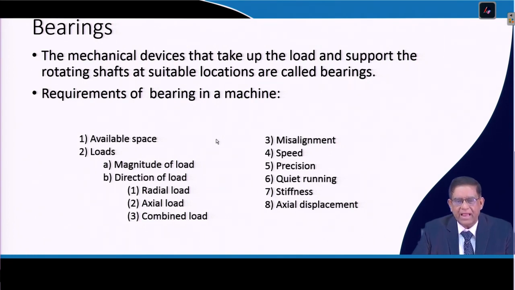If the high heat generated there is not properly dissipated by a proper lubrication system provided to the bearing, or the bearing material is not properly selected, then they may melt and seize, and you cannot do the whole drilling operation. We will be discussing those aspects when drill machines are discussed.